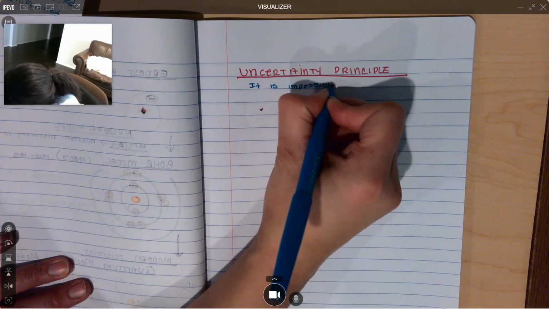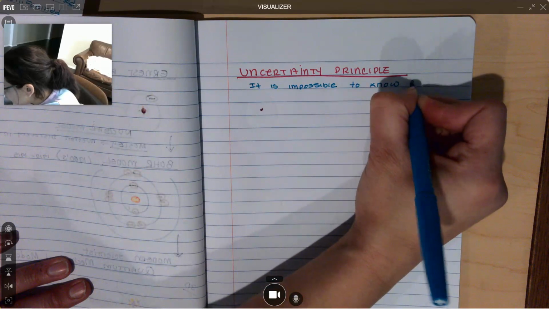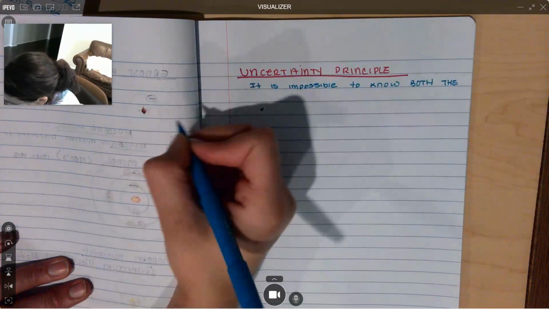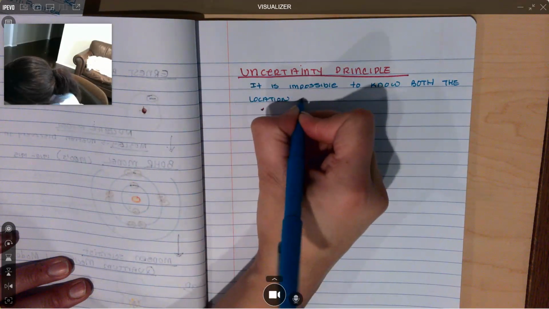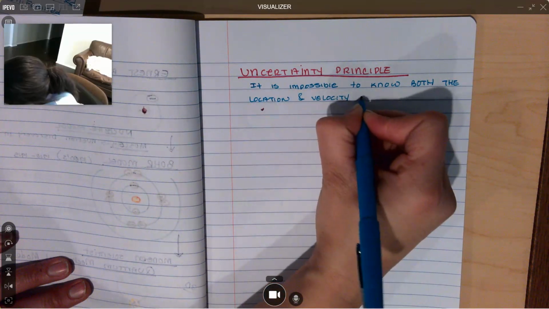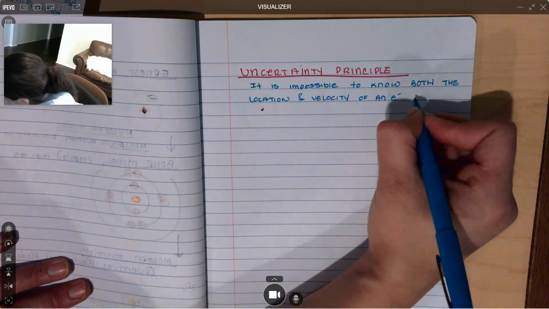So it is impossible to know both the location and velocity of an electron at the same time.